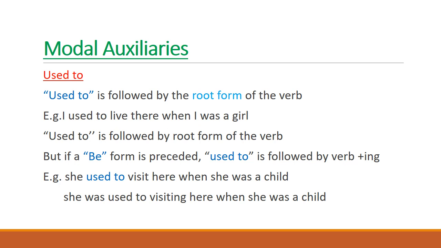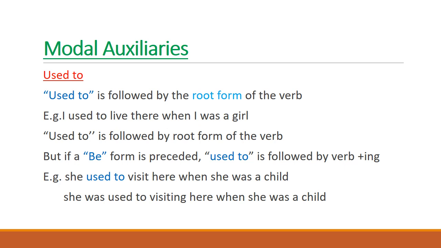But if a be form is preceded, that is, she was, here a be form is there in this sentence. She was used to, instead of visit, visiting is used since the be form was is there in this sentence. She was used to visiting here when she was a child.